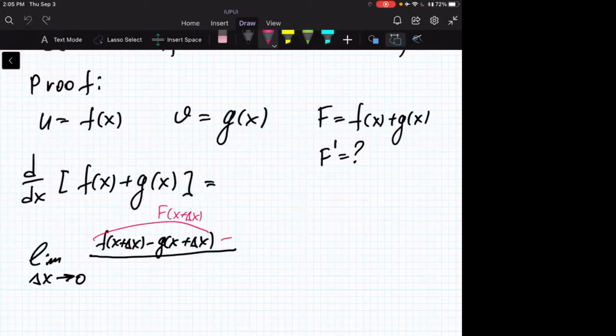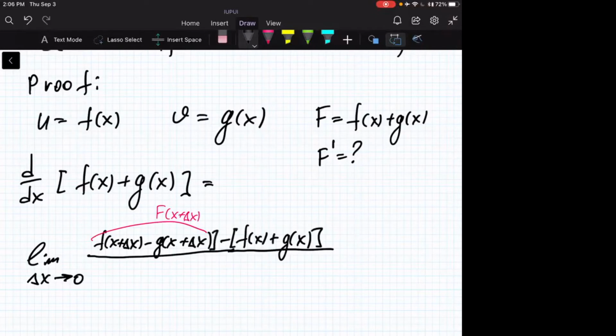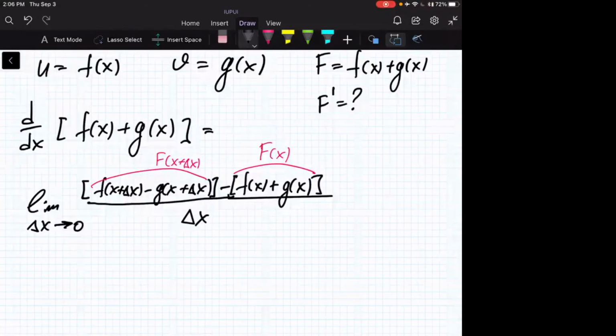And then I subtract f of x and g of x, which is just my capital F at point x. And then I need to divide by delta x. So this is just the definition, how I can calculate it.